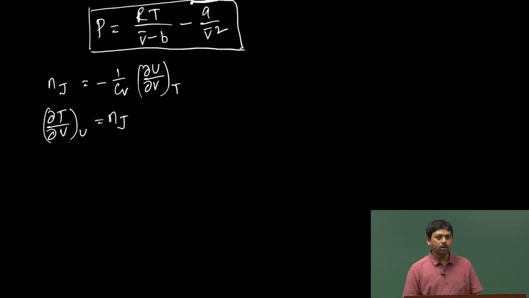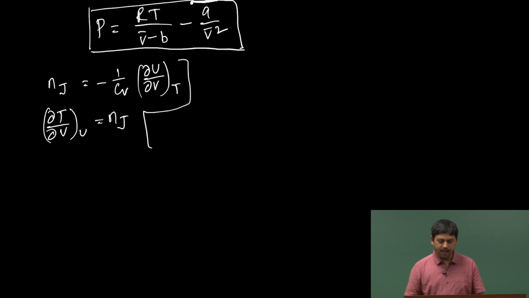This left hand side is also not possible to calculate, because how do we guarantee that u is going to be constant? And here also it is difficult because we do not have an expression for u, we only have an equation of state. You will learn later that this equation of state is actually a derivative of a fundamental equation, that means a derivative of u already. So, how do we get that?